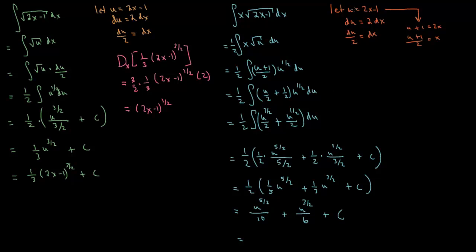So u equals 2x minus 1. So we have (2x minus 1) to the 5 halves power over 10 plus (2x minus 1) to the 3 halves power over 6 plus c. And there we go. So there is our antiderivative.